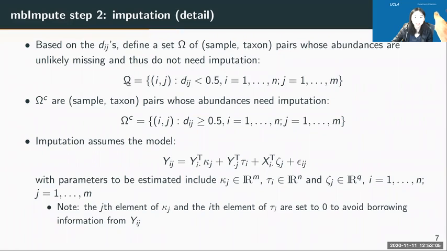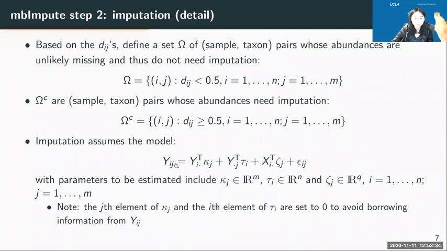We think these values are likely coming from the Gaussian component, not the gamma component, so they do not need imputation, and we call this set omega. For the values whose Dij are greater than 1/2, we think they need imputation, and we call this set omega C, where C stands for complement. So omega and omega C together describe all the pairs in that sample by taxon matrix.